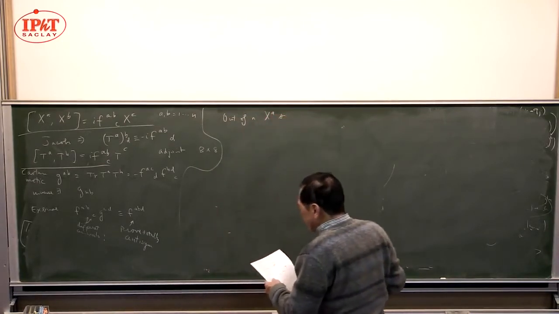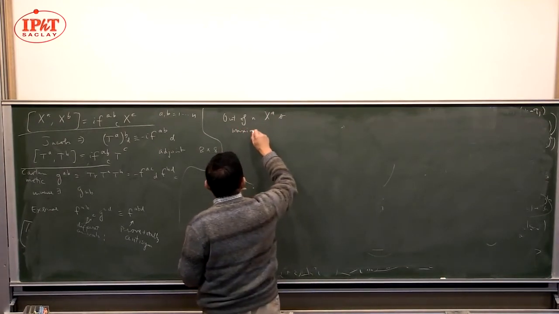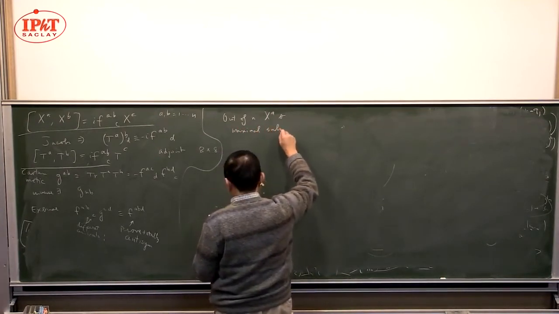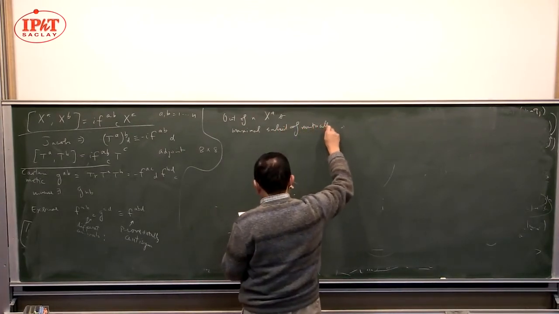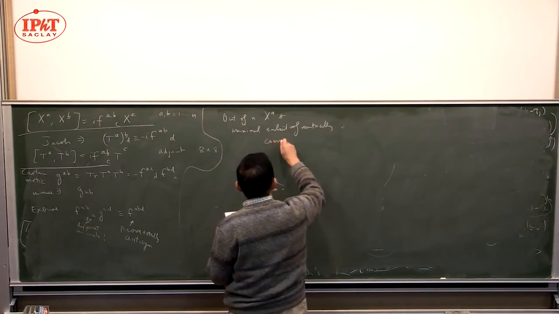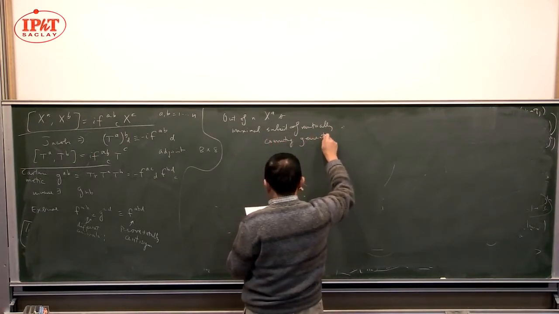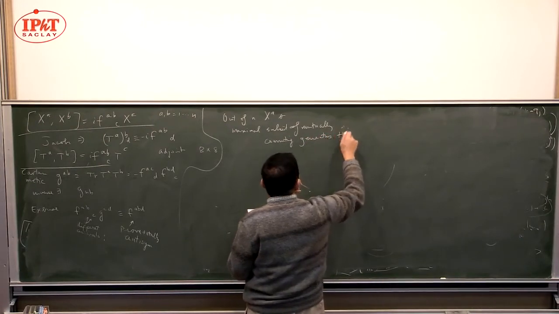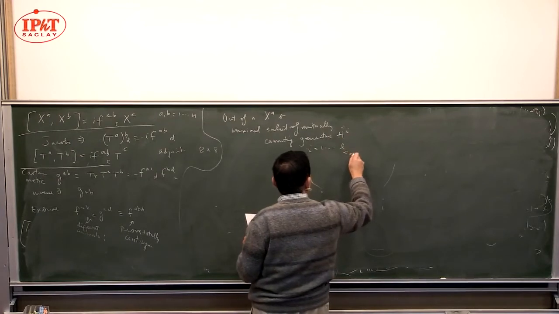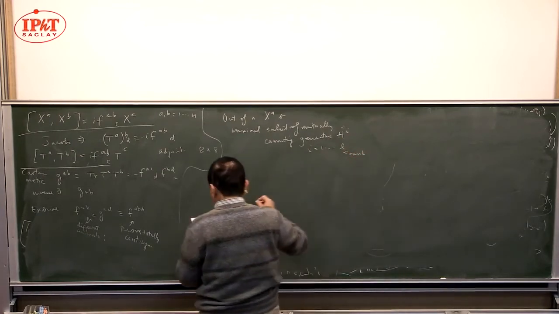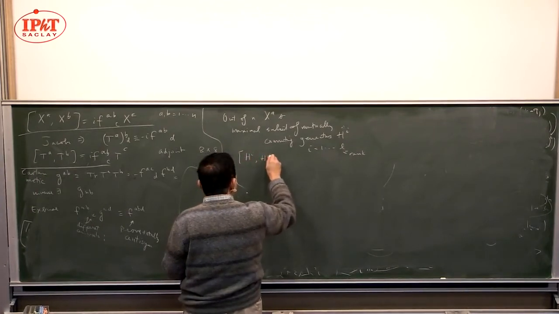Out of the n X_A's, as before, we find the maximal subset of mutually commuting generators, H_I, and there are L of these, and L is called the rank, as I said last time. So [H_I, H_J] is equal to 0.